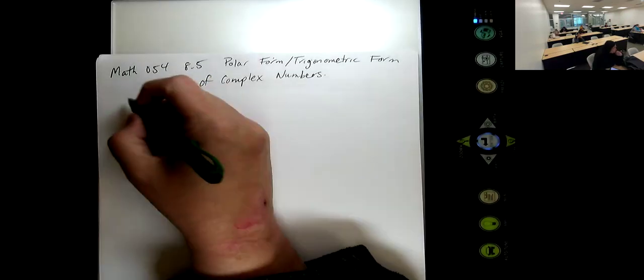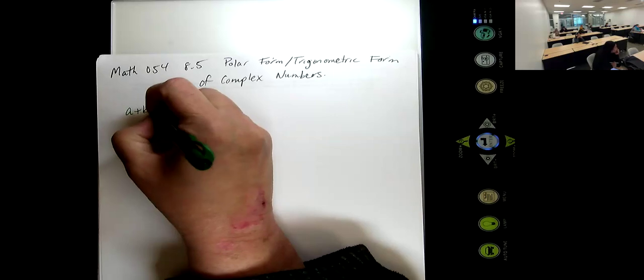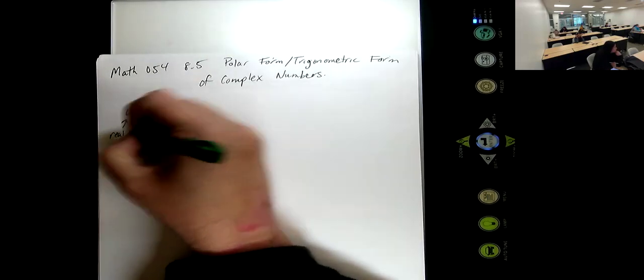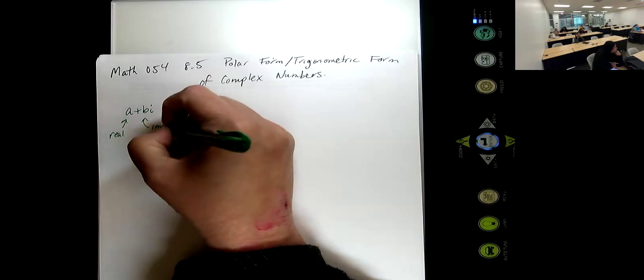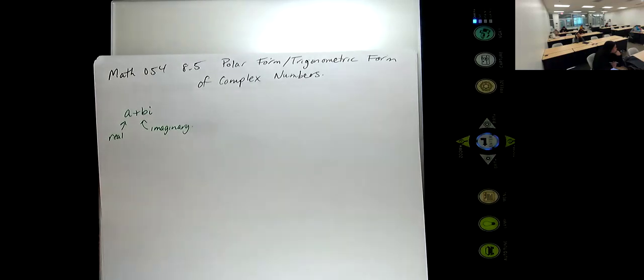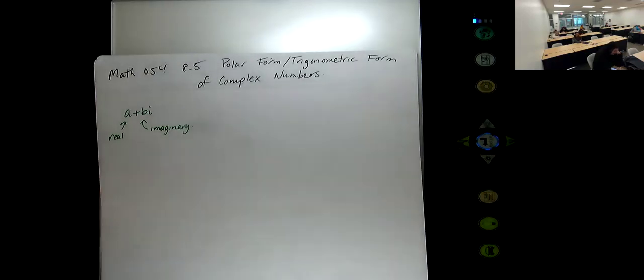You've often seen them in the form of a plus bi, the real component and the imaginary component. And we've never actually really graphed them.